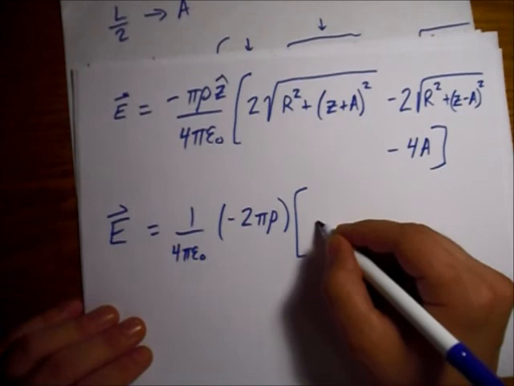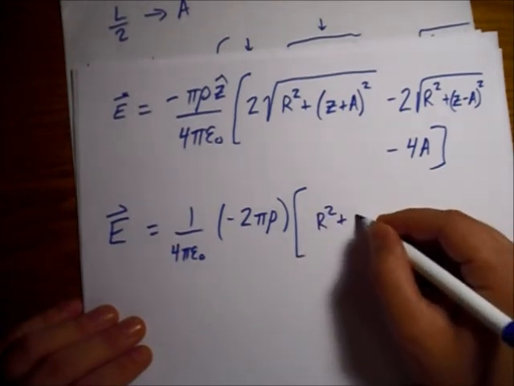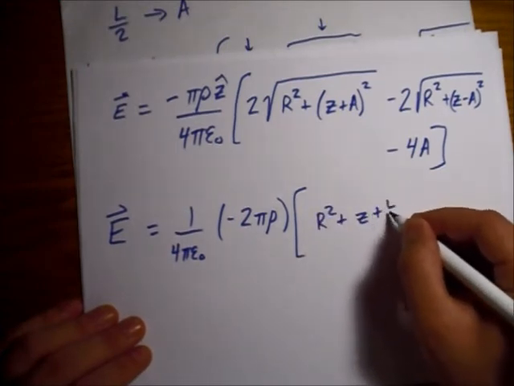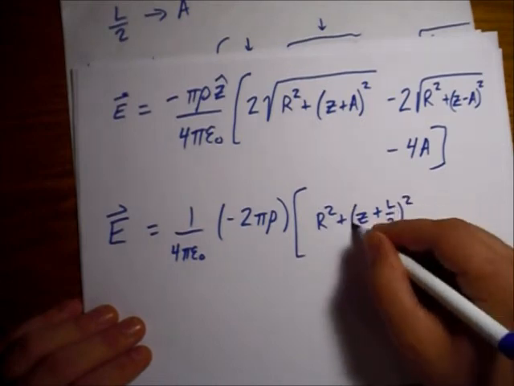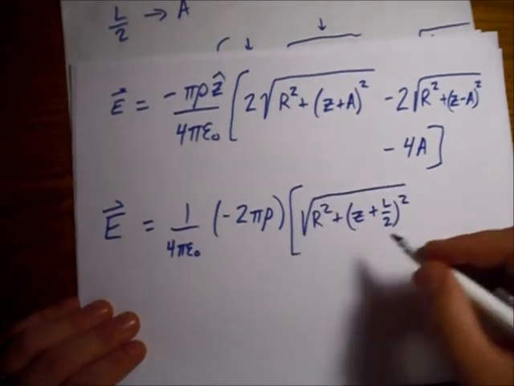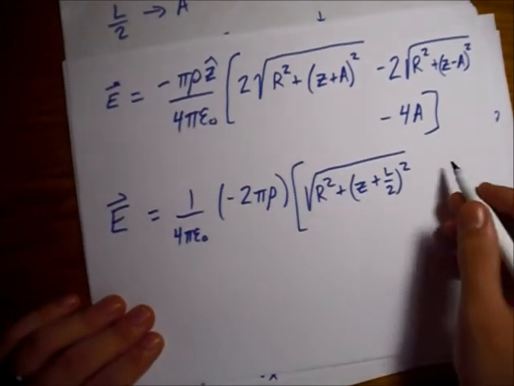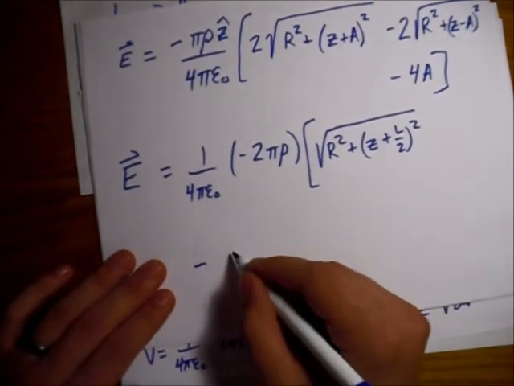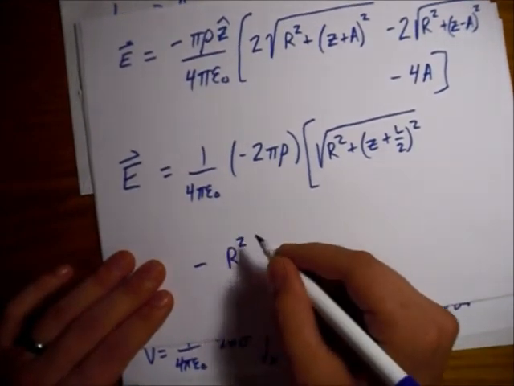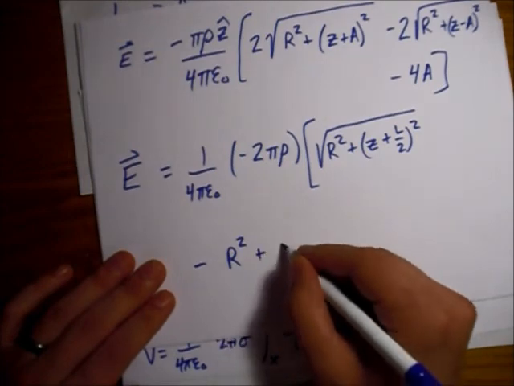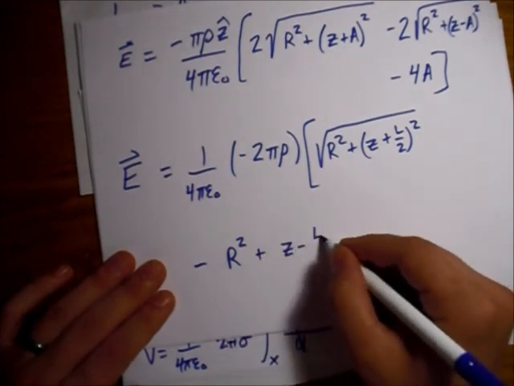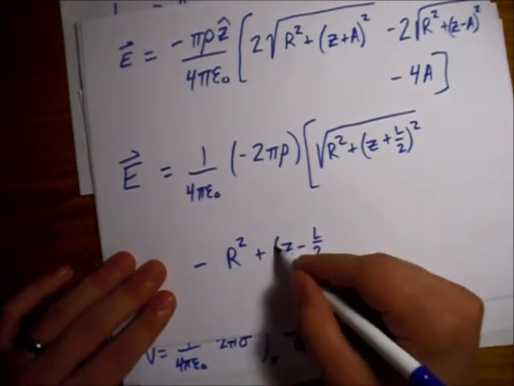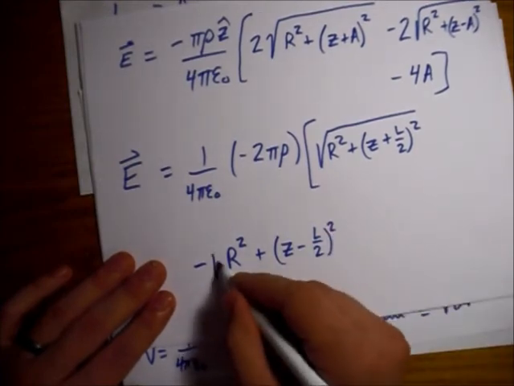Okay, so now we just have an r squared plus z plus L over 2 squared under a square root. And then we have, let me come down here, a minus r squared plus z minus L over 2 squared under a square root.